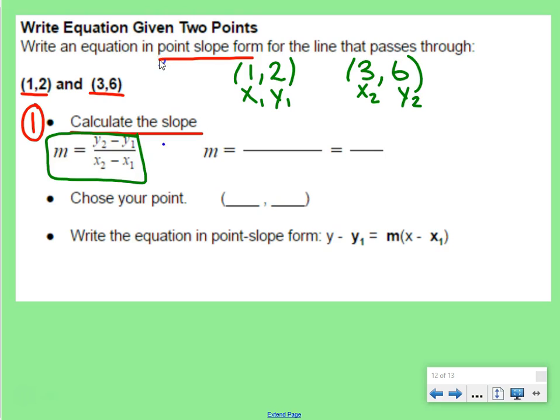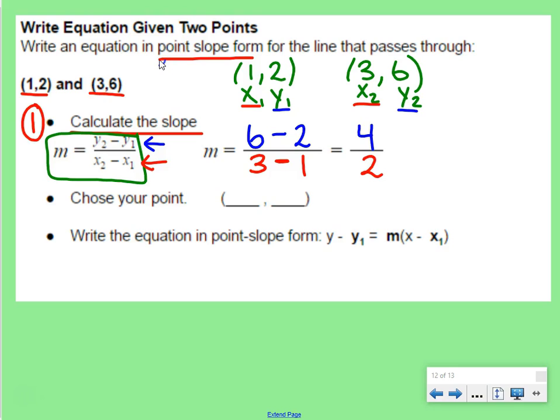So on the top, we subtract our y's. We do y2, 6, minus y1, 2. Then on the bottom of our fraction, we have to subtract our x's. Make sure you're doing y's on the top, x's on the bottom. We start with our x2, 3, minus x1, 1. 6 minus 2 is 4. 3 minus 1 is 2.